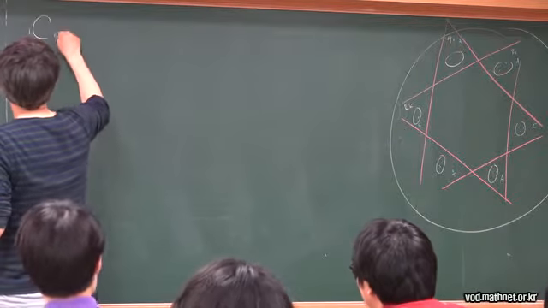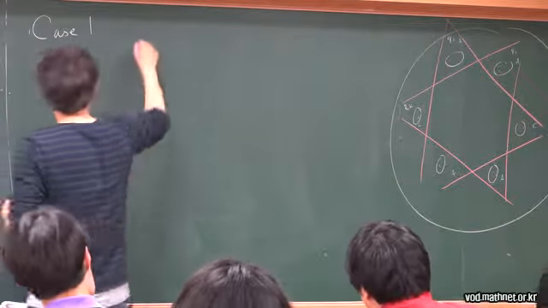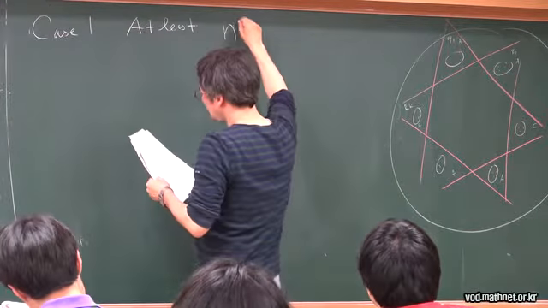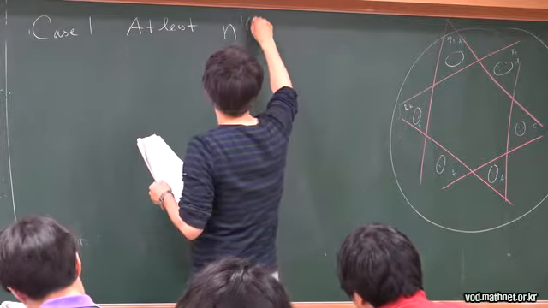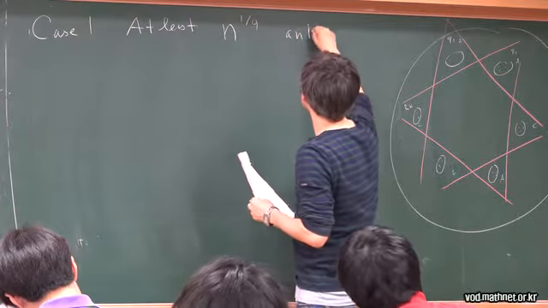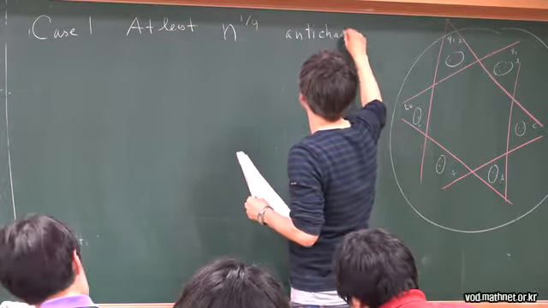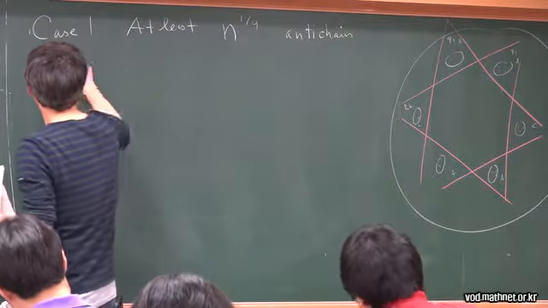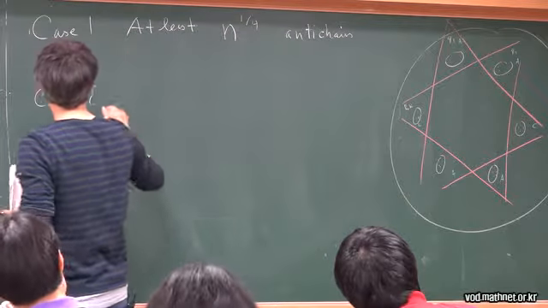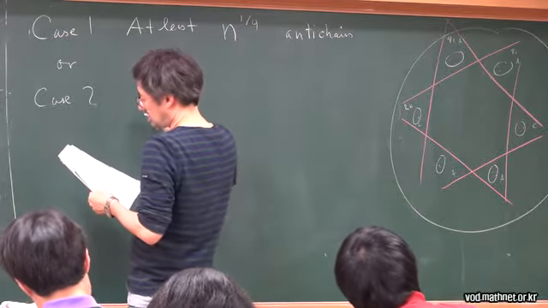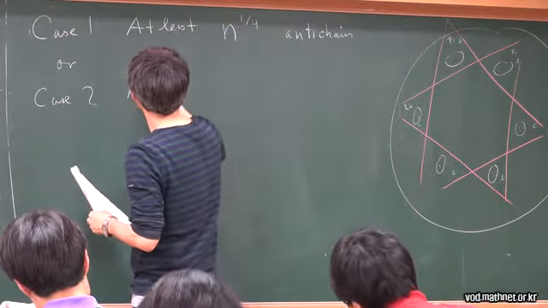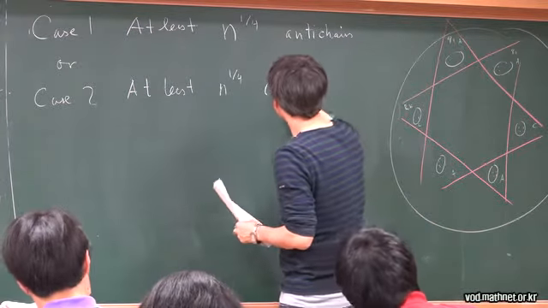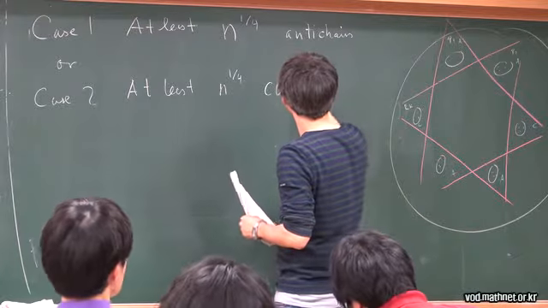Once you've done that, you have case 1: there are at least n to the 1/4 large antichains. Or case 2: at least n to the 1/4 consecutive chains. So this is another trick.